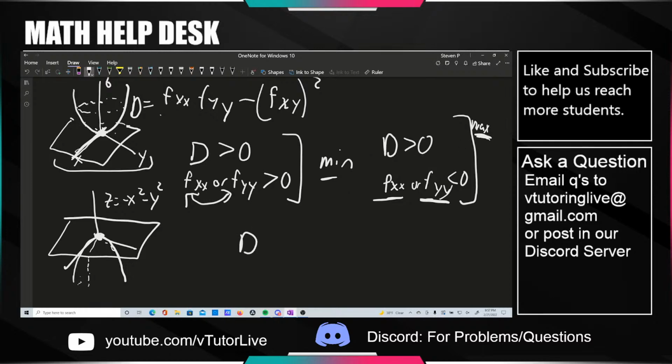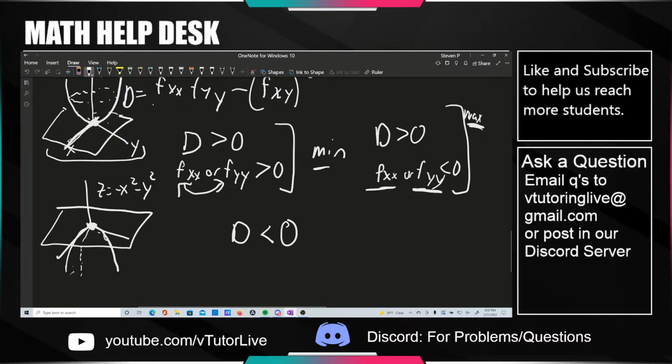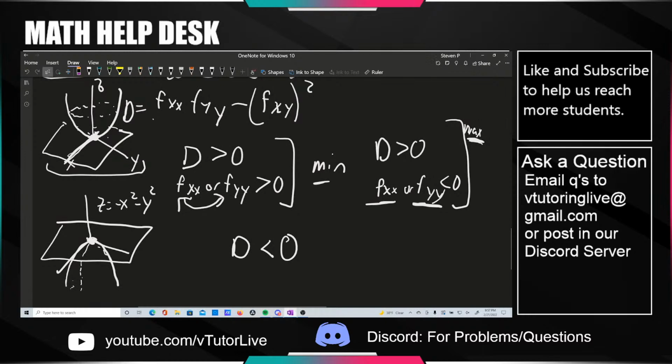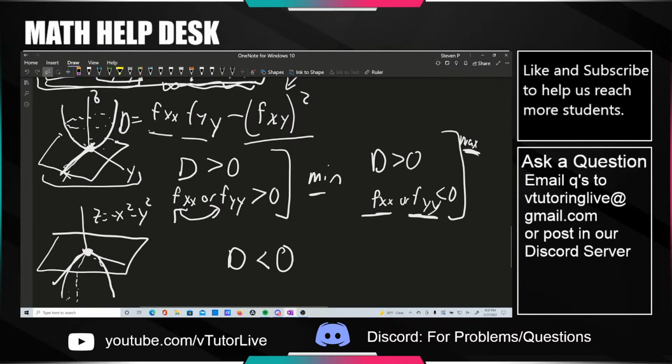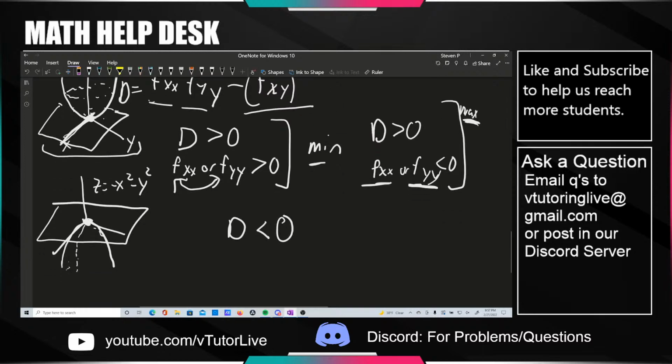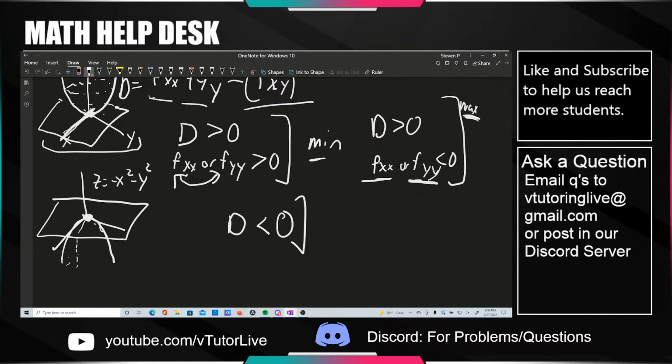Then we have another case when D is less than 0. Again, D is fxx times fyy minus fxy squared. What this is saying is that the mixed partial behavior, fxy squared, ends up dominating this term. When this happens, you don't need to check fxx or fyy.